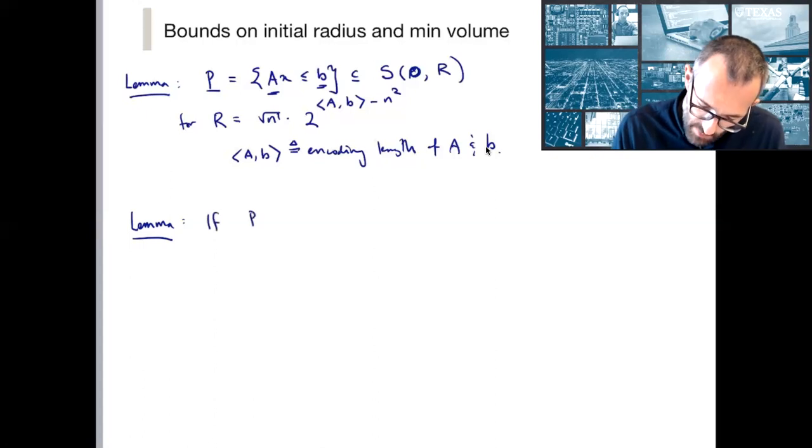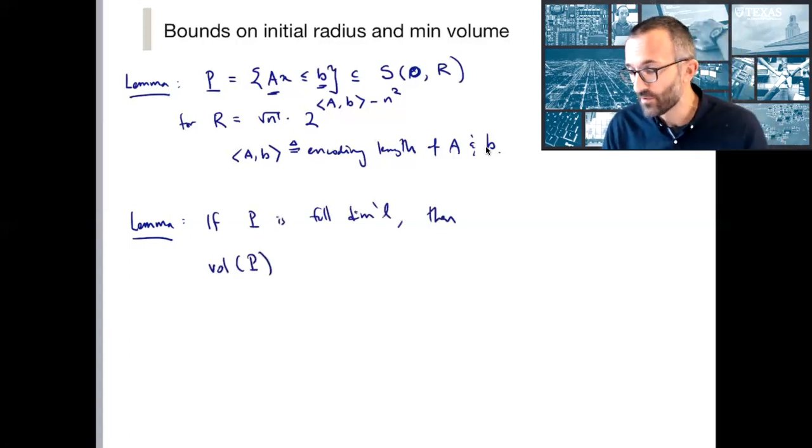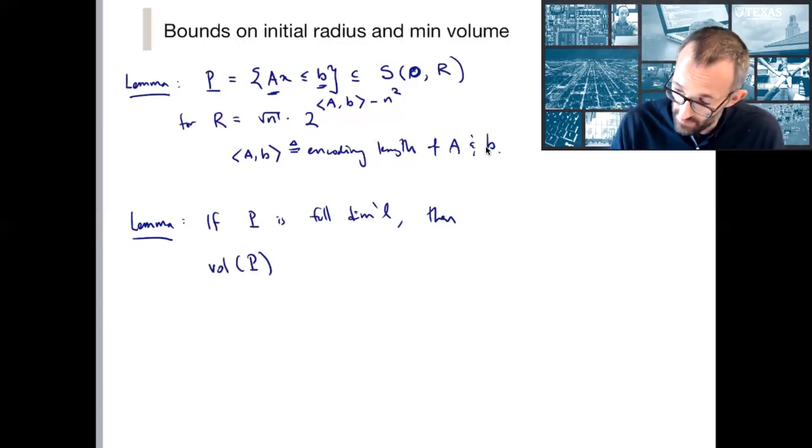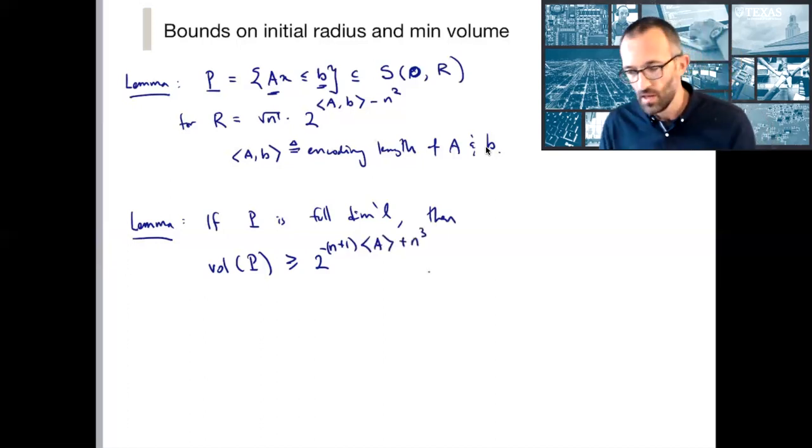If P happens to be full dimensional, and therefore not empty, then we also have a lower bound on the volume of P, where the lower bound also comes from the description length of the matrix A. So its volume is at least some number, 2 to the minus n plus 1 times the description complexity of A plus n cubed.